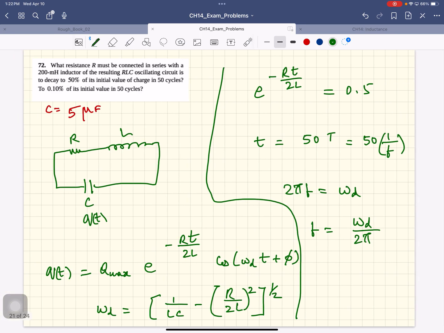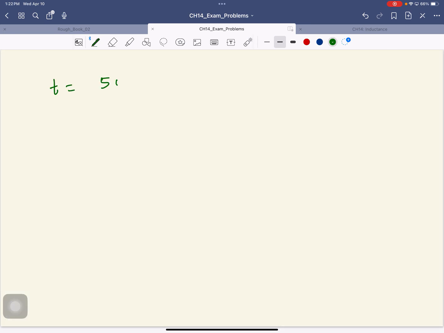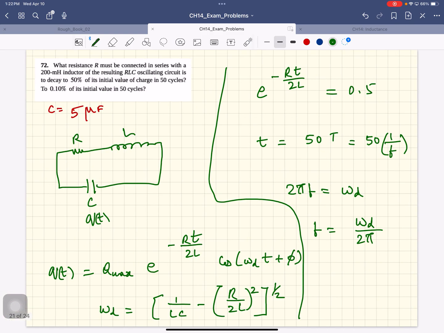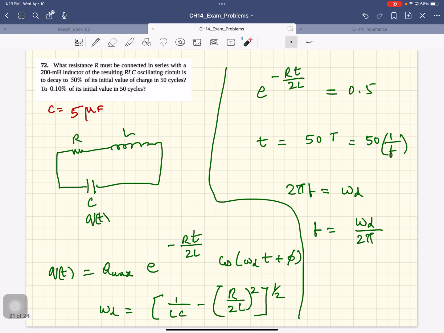So t is 50 times 1 over frequency, and frequency is omega d over 2 pi. I've substituted for f. That's t.